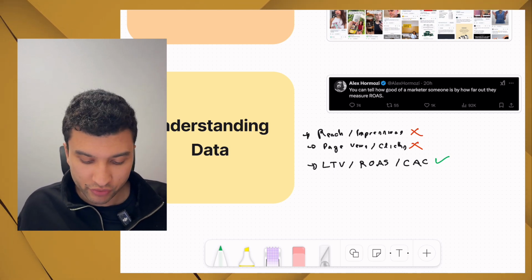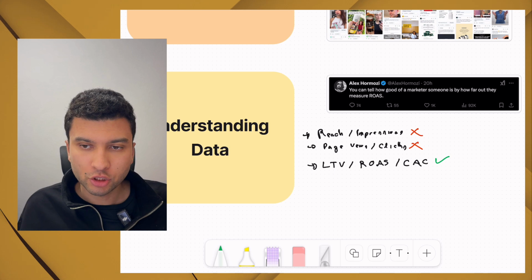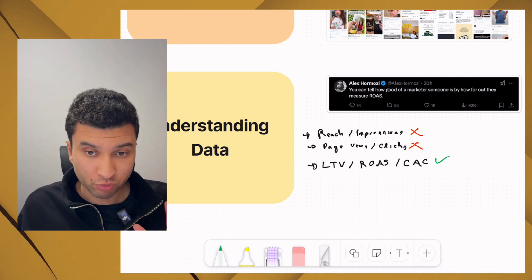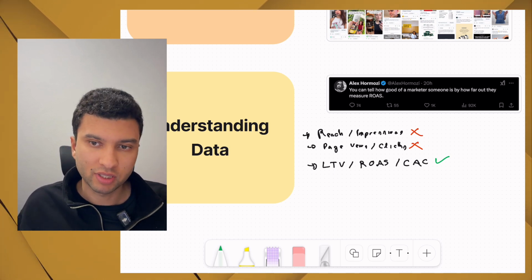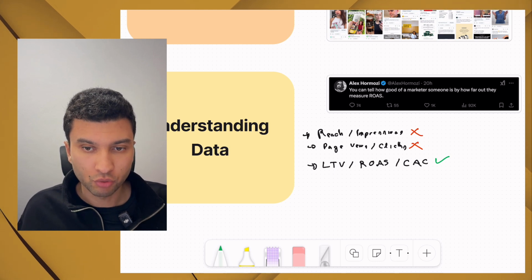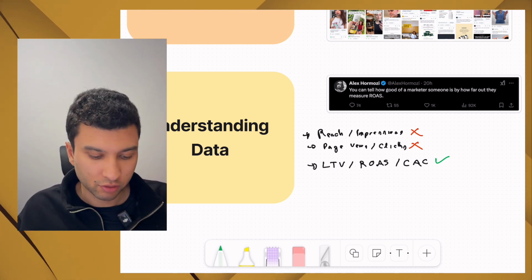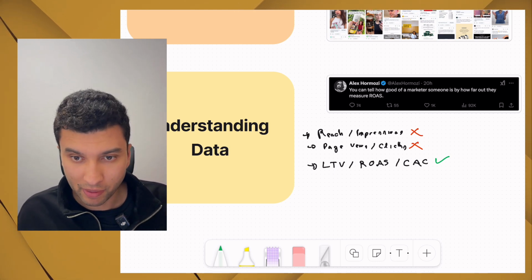So again, that's why you need to understand the data, you need to understand the numbers, and you need to make sure that you're running campaigns profitably, but they consider what's the LTV of your customers, what they're actually spending with you across their lifetime, and not just what they're spending in the next 7 days or 1 month.